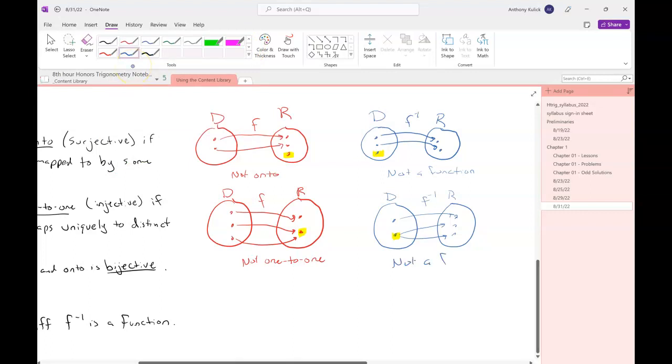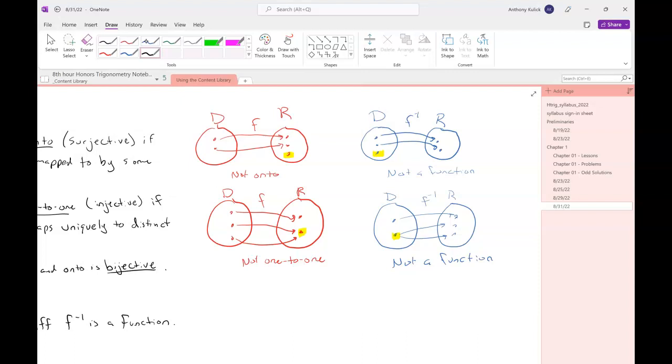Because we have one domain element going to two range elements. So if my function is one-to-one, that guarantees that the inverse can't send one domain element to more than one range element.